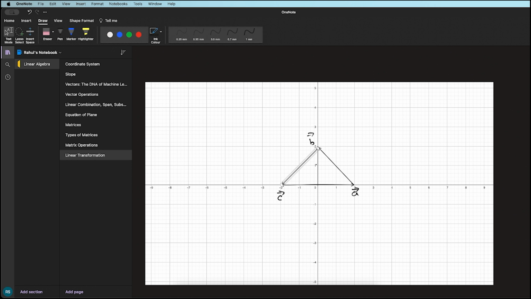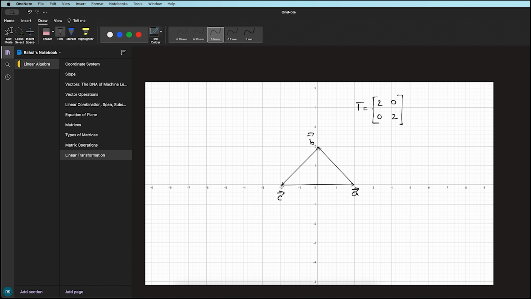Now, I want to scale this triangle. So I can use a transformation matrix. For example, the transformation matrix that I use to scale this triangle is 2, 0, 0, 2. You can consider the first column as the transformed i hat and the second column as the transformed j hat.